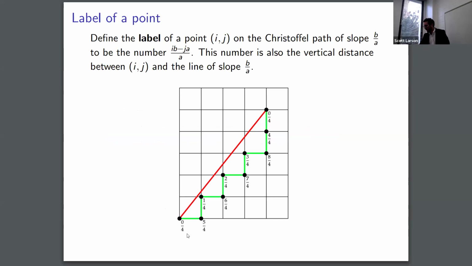Down here, our label is 0 over 4 because we're actually intersecting the line. And then, as we move along the path, you can see the label changes, denotes the distance. So like up here, we have a point with label 8 over 4. So obviously that point's two units of distance from the line vertically. Move up to the next point, we got 4 over 4.